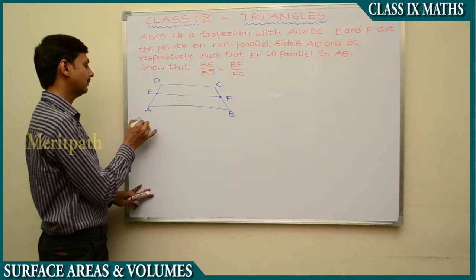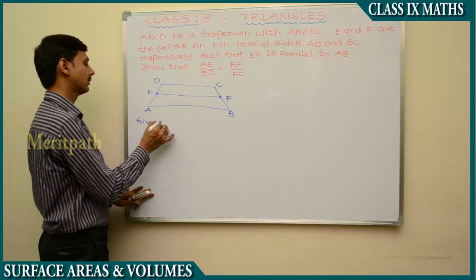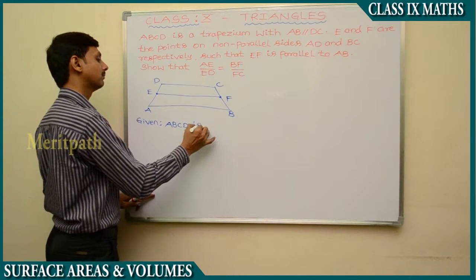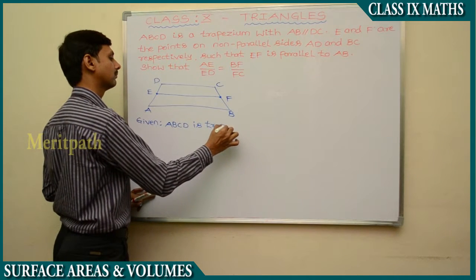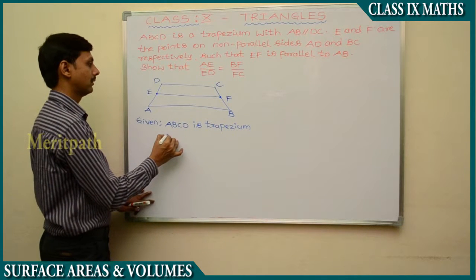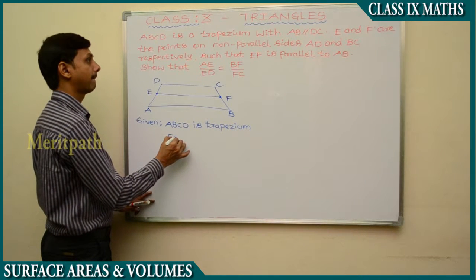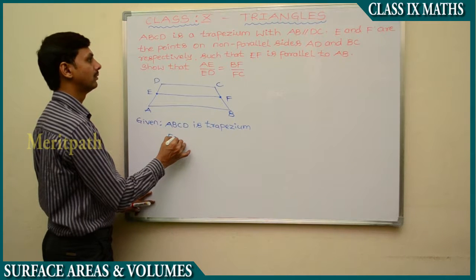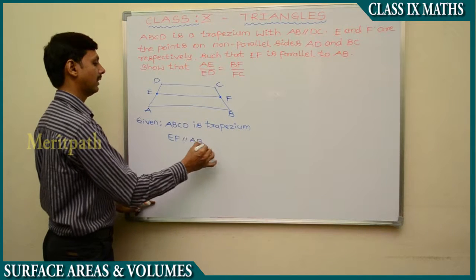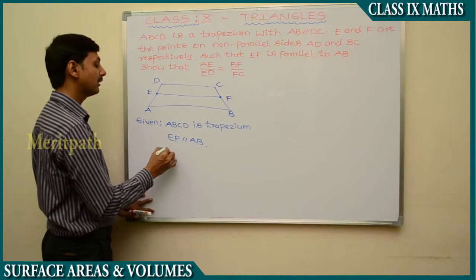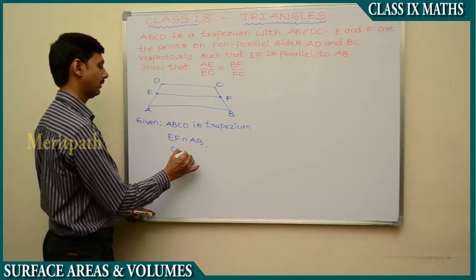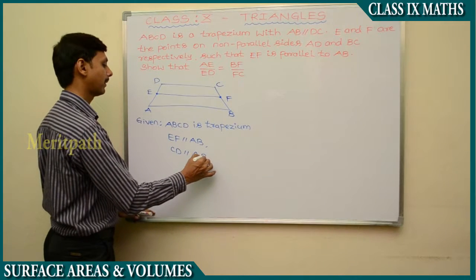So what is given here? ABCD is a trapezium, and EF is parallel to AB, and we know that AB is parallel to CD.